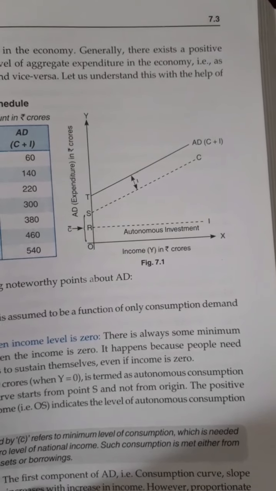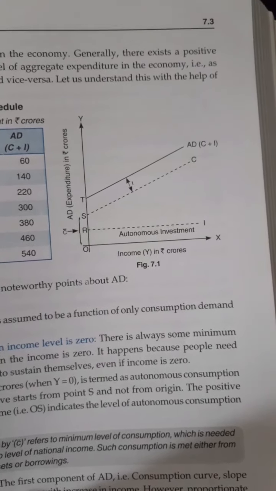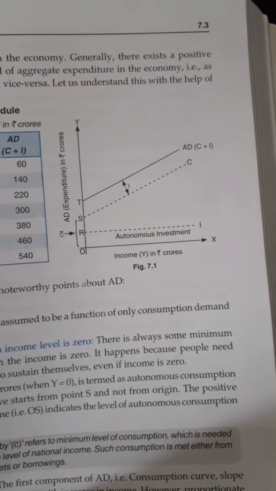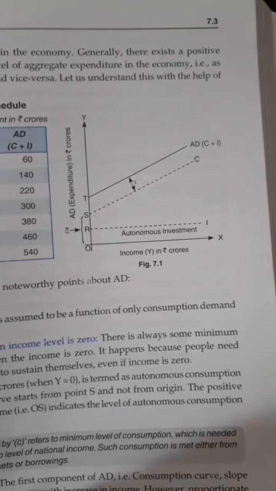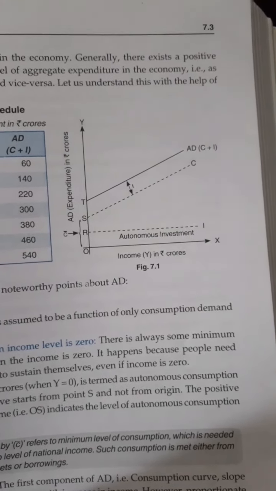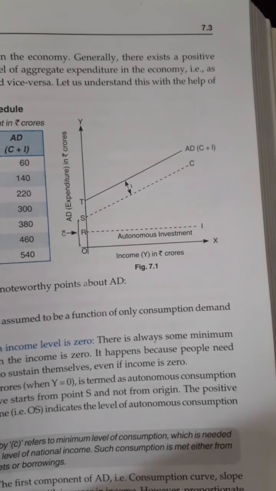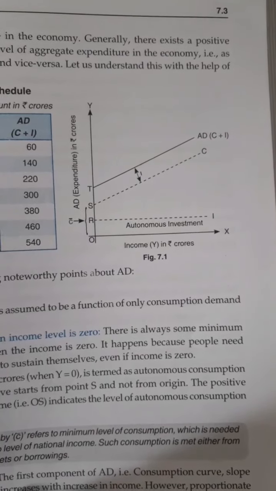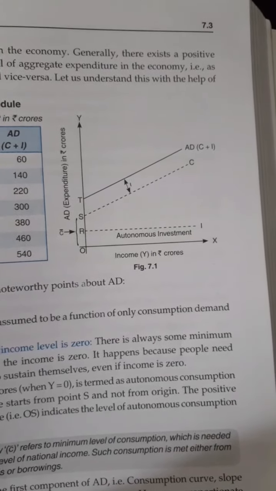And you can see here O to S. That part is denoted by C bar. This C bar means autonomous consumption. Understood? Autonomous consumption means the consumption at 0 level of income. So when at 0 level of income there exists any consumption, it is known as autonomous consumption.